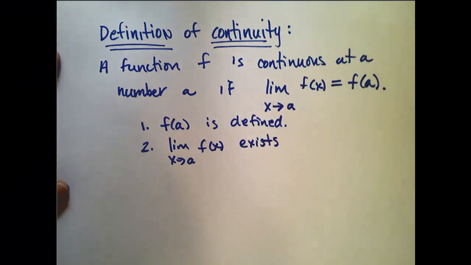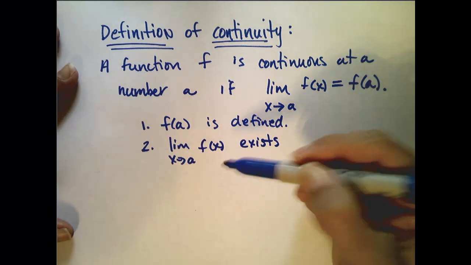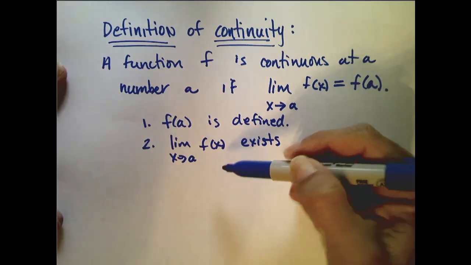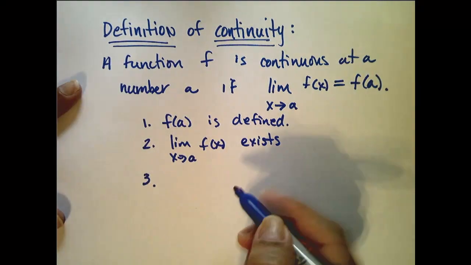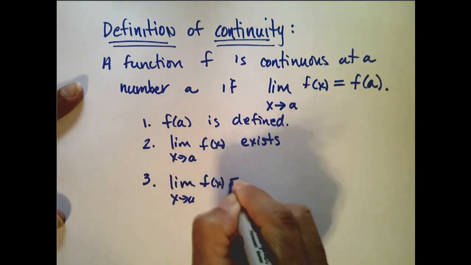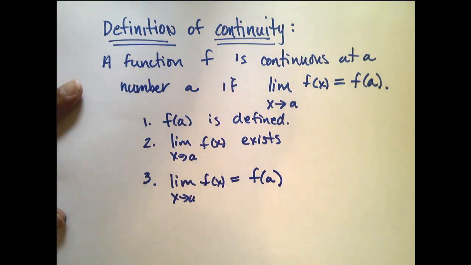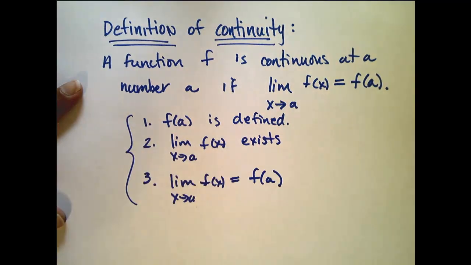So not only is f of a defined, the limit of f at a exists. And lastly, it says that that limit that we know exists equals what the function is at a. Okay, it says all three of those things.